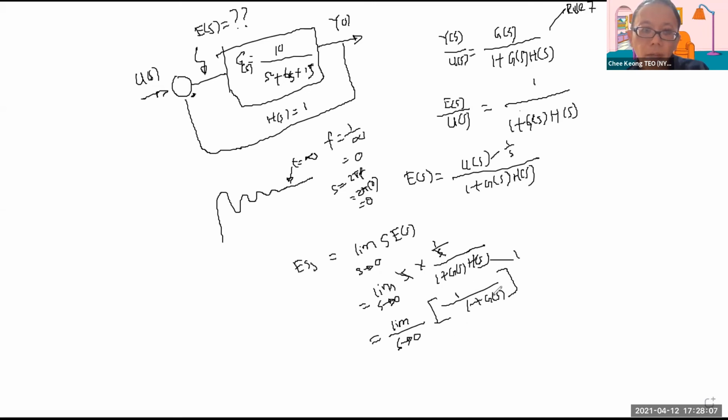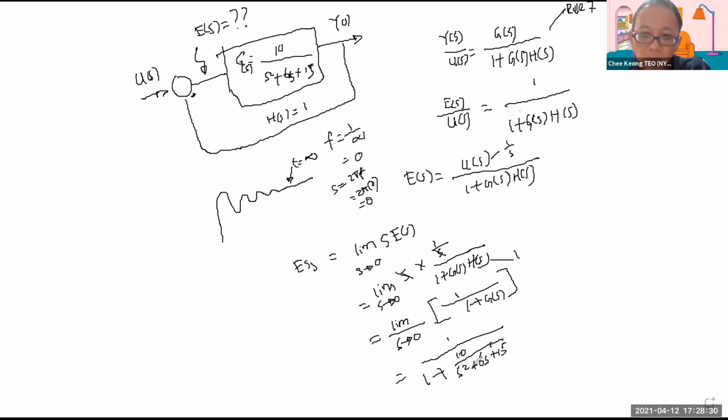What is G of S? G of S is 10 over S squared plus 6S plus 15. So you just plug this in: 1 over 1 plus 10 over S squared plus 6S plus 15.